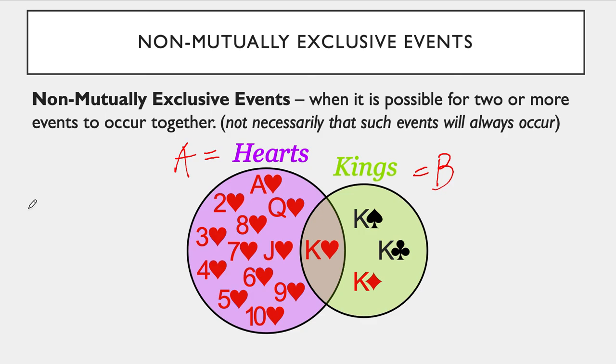So we can say that there is an intersection for events A and B because there is a heart which is a king. That is the king of hearts. So it's possible for me to get both a heart and a king at the same time. That's going to give me the king of hearts. So the events can occur together, but not necessarily always.